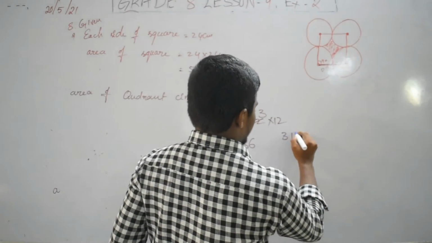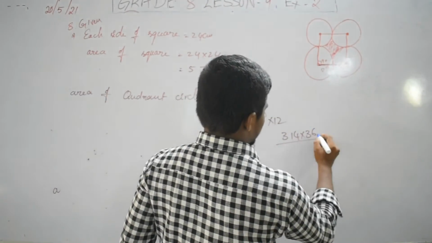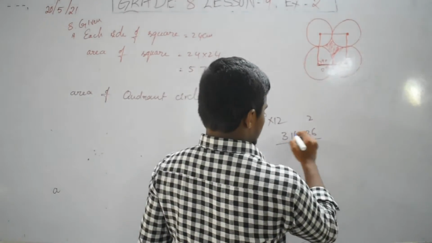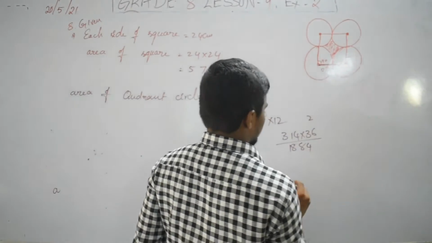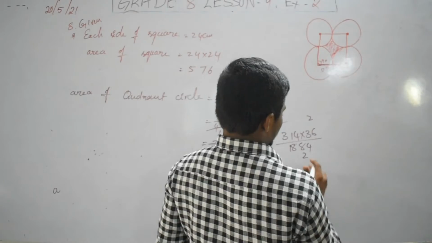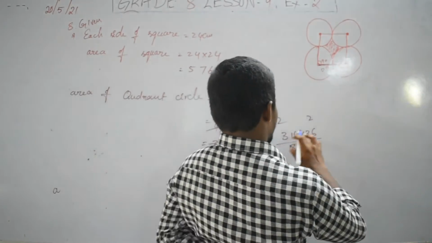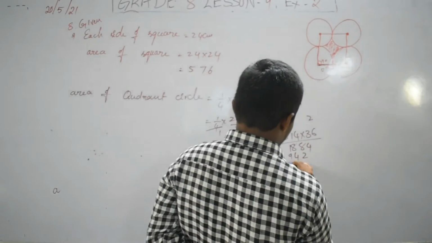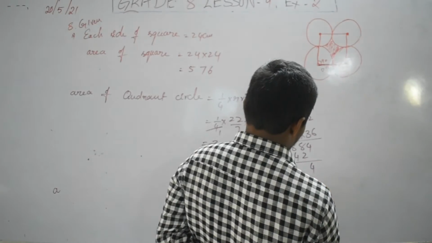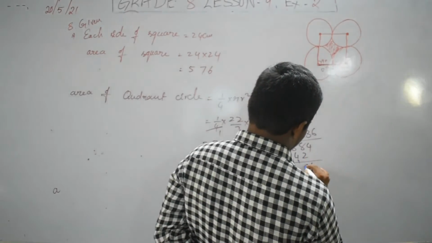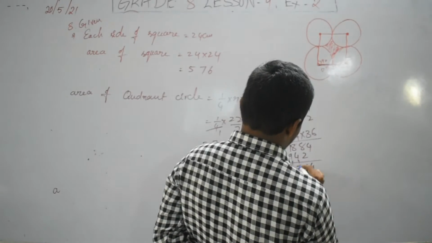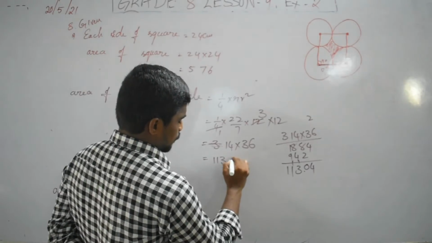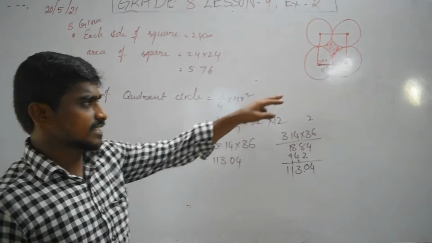Multiplying 314 by 36 gives 11304. So one sector area is 113.04.